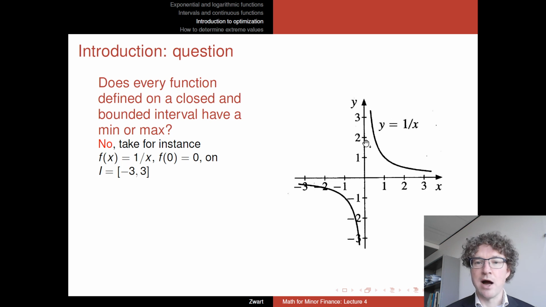We can get as high as we want by going as close as we wish to 0, but not actually to 0 itself, because there we define the function to be 0. And likewise, on the negative side, close to 0, the function goes all the way to minus infinity. So though the interval on which this function is defined, its domain, is closed and bounded, the range is actually not bounded. It runs away all the way to infinity.